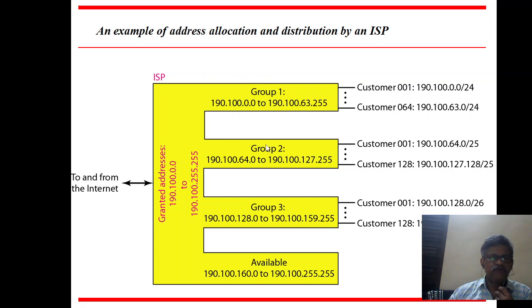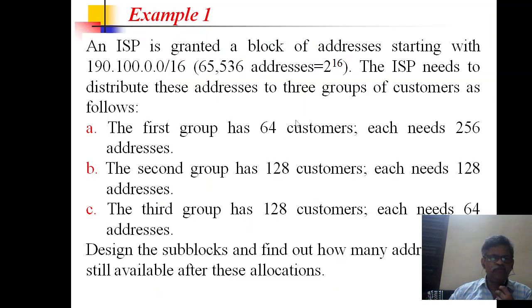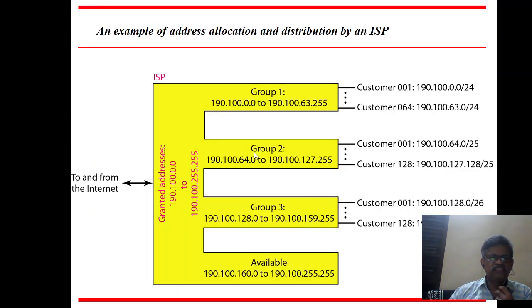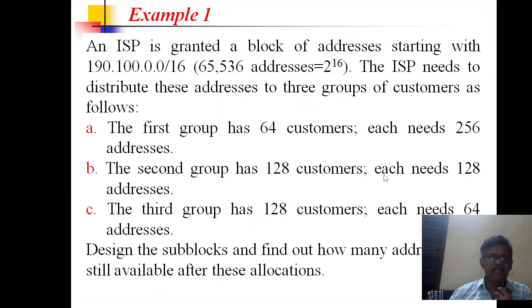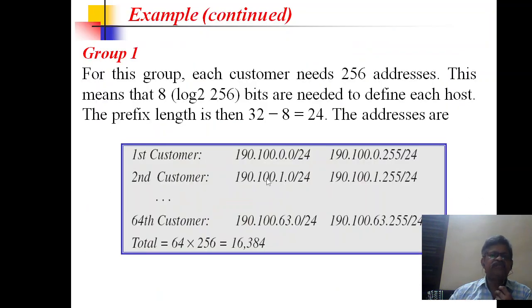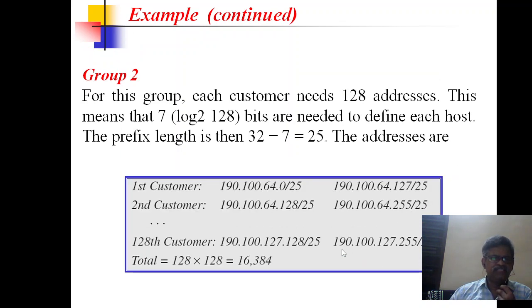Based on that, for all the customers in this group of 64, each customer will be given a /24, because each customer has 256 addresses. Like that it will divide. So for /24, the first address is like this, then the second customer, the third customer.